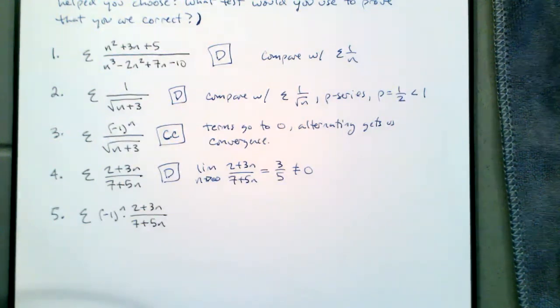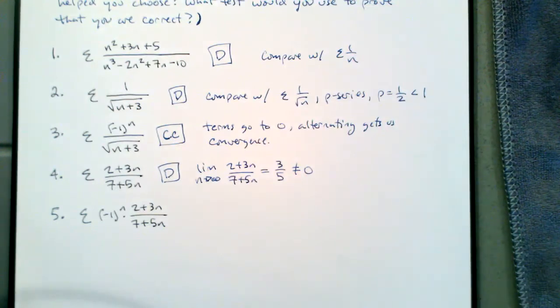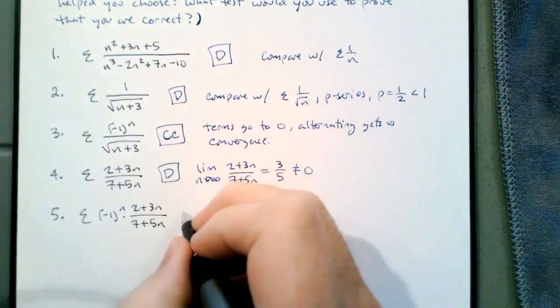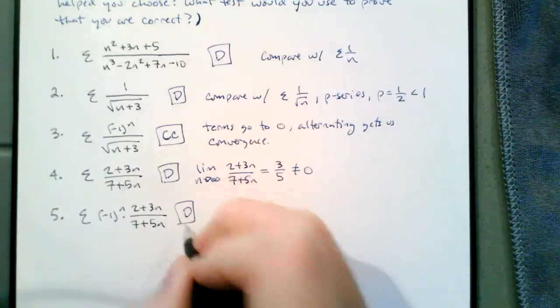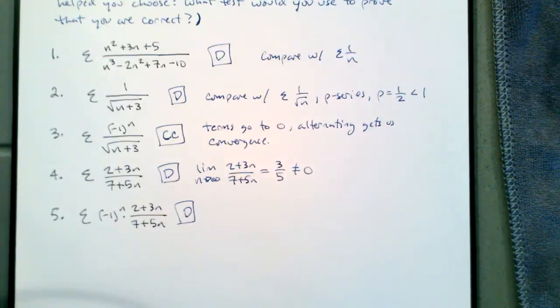So here's your instructor trying to be sneaky. So something diverged, but if I make it alternate, that makes it converge, right? Nope, this one still diverges. The limit of the terms now doesn't even exist. The alternating doesn't matter because the terms don't go to zero.